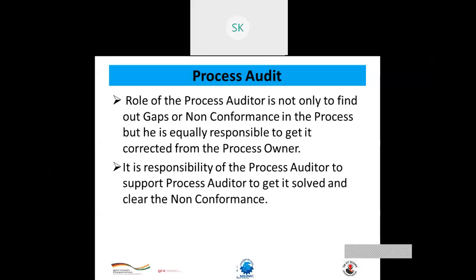All these things are the responsibility of the process auditor. He is not only responsible to find the gaps, but also to correct them along with the process owner. The first responsibility will definitely be the process owner's, but along with him, the process auditor is equally responsible to see that all these gaps are filled up properly.